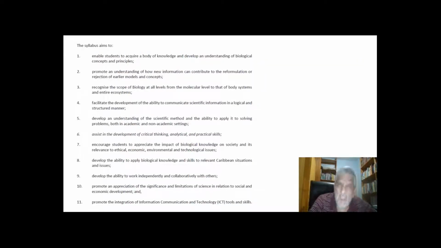And then in general, what are the aims of the syllabus? Probably did the same things last year because the overall goals are the same. They should enable students to acquire a body of knowledge and develop an understanding of biological concepts and principles, and promote understanding of how information can contribute to the reformation or rejection of earlier models and concepts.